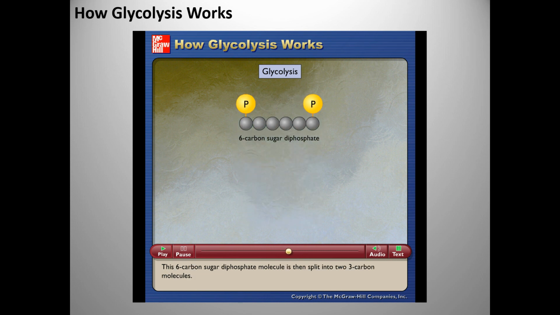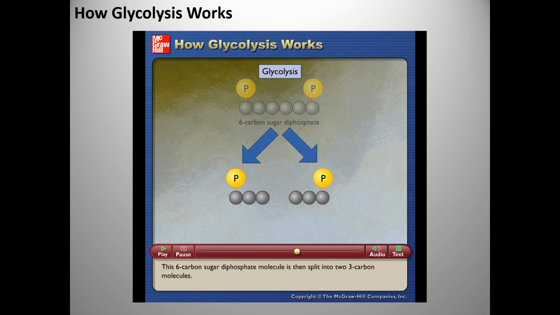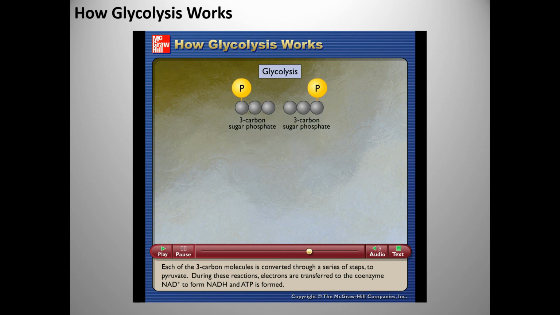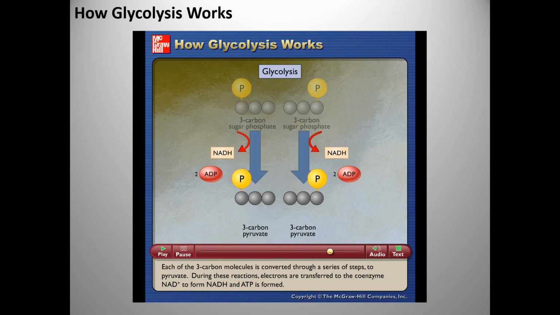This 6-carbon sugar diphosphate molecule is then split into 2 3-carbon molecules. Each of the 3-carbon molecules is converted through a series of steps to pyruvate. During these reactions, electrons are transferred to the coenzyme NAD+ to form NADH, and ATP is formed.